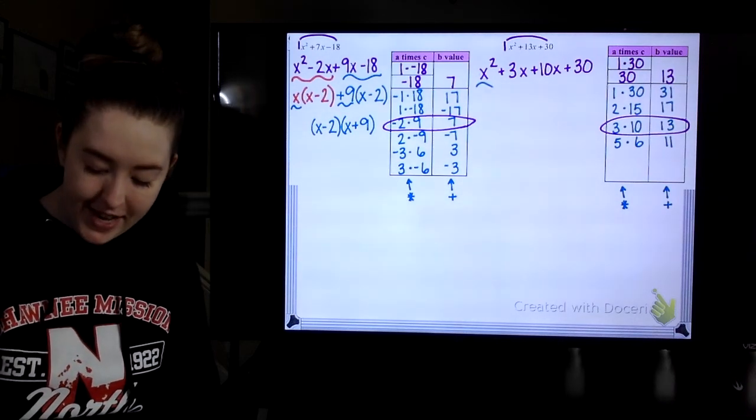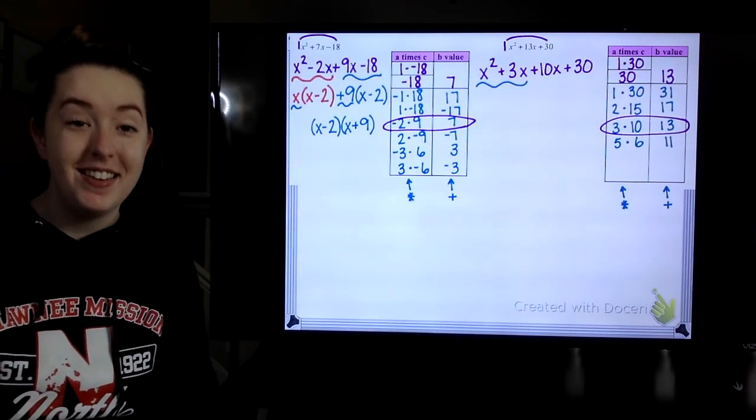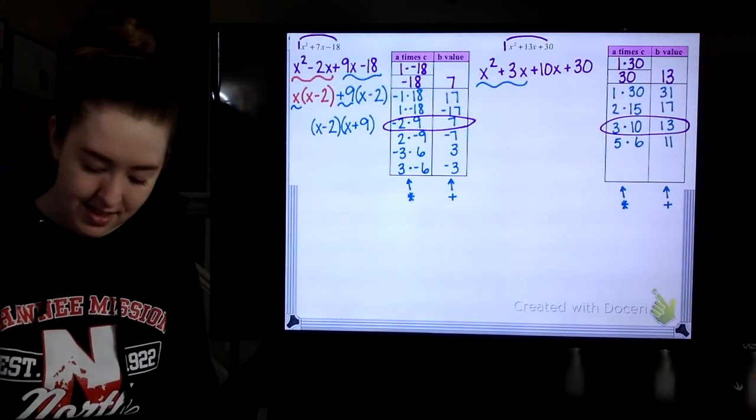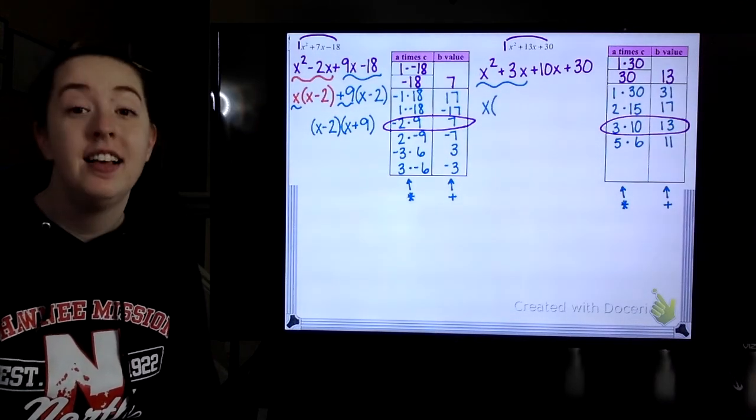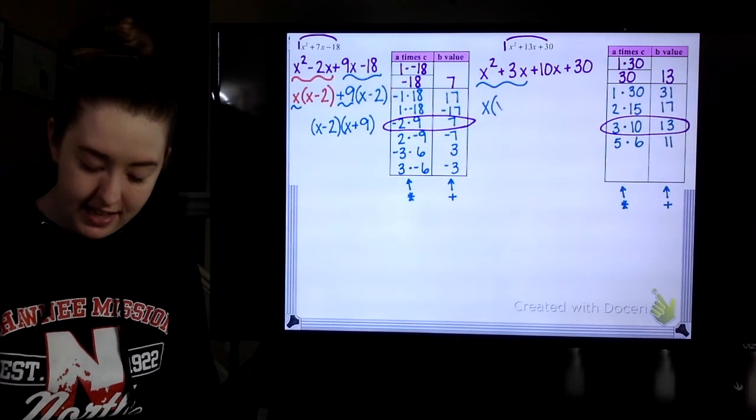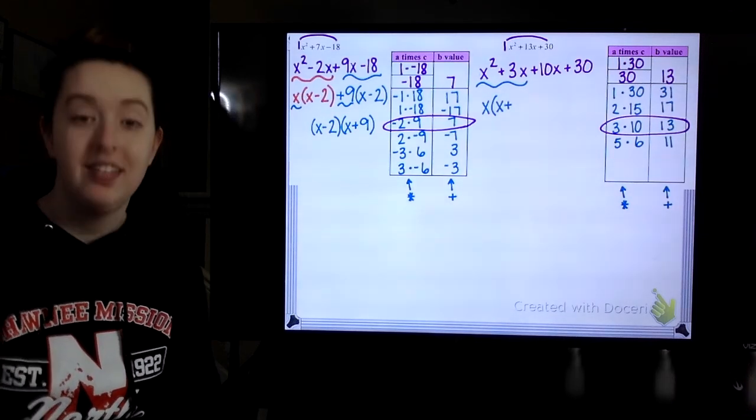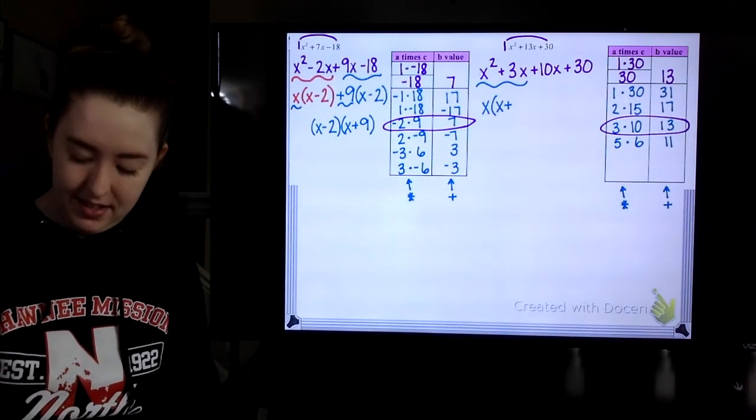Take my greatest common factor of the first two terms, x squared and 3x. That's x. x squared divided by x is x, plus 3x divided by x is 3.